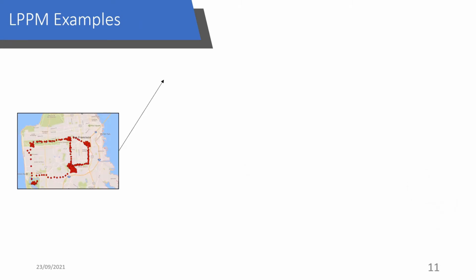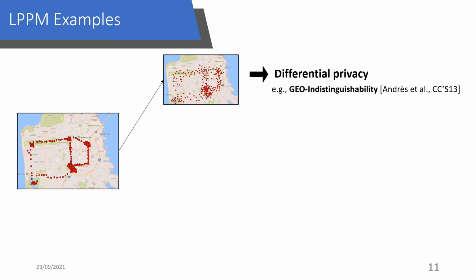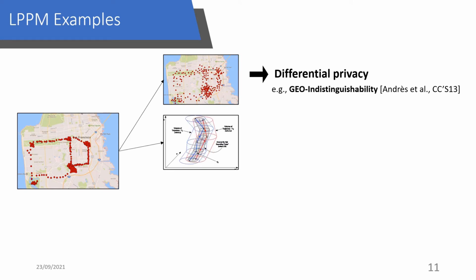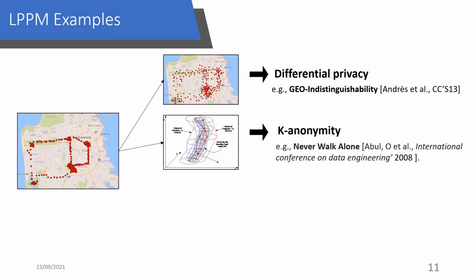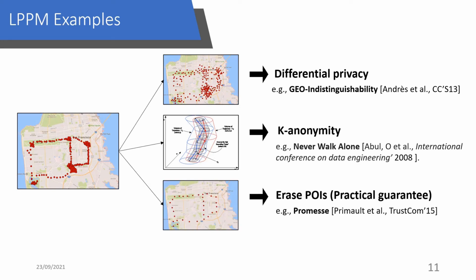Some of them rely on formal guarantees, such as differential privacy, by adding Laplacian noise to GPS coordinates, or k-anonymity, by hiding locations in at least k-1 other users' locations. Finally, other techniques provide more practical guarantees like Promesse, which erases POIs by forming equidistant points.